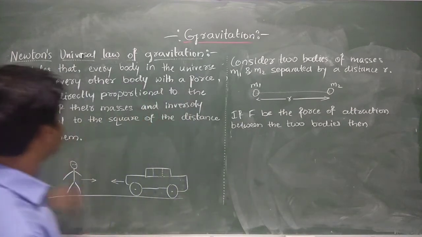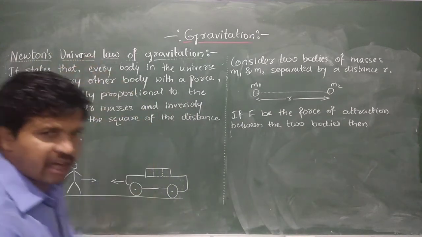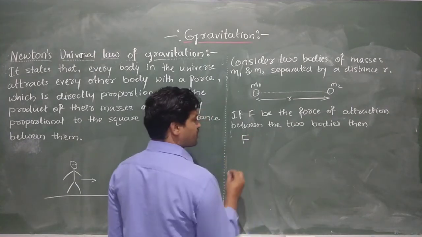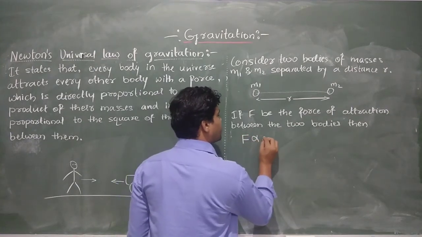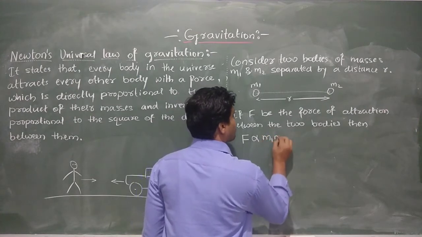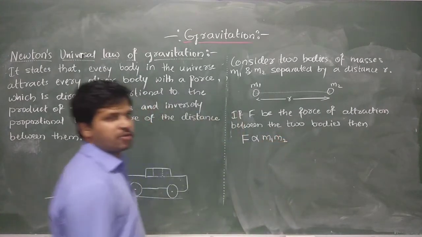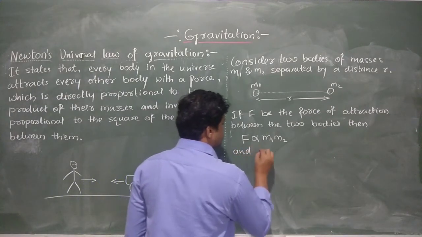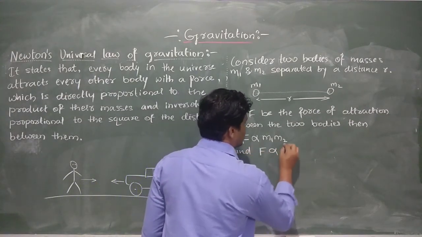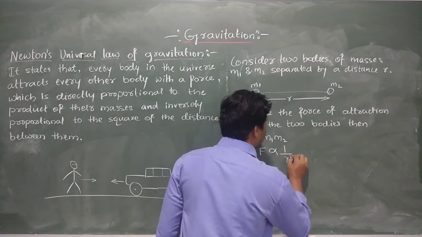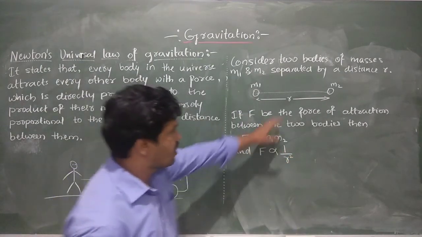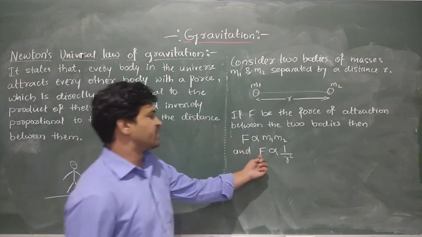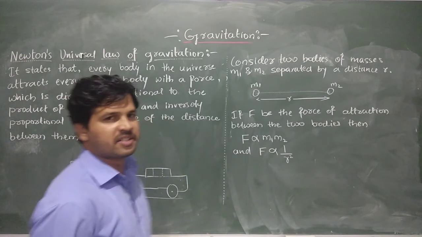Then according to Newton's universal law of gravitation, this force of attraction, that is the gravitational force, is directly proportional to the product of their masses, that is m1 into m2, and this force is inversely proportional to the square of the distance between them, which is r. r is the distance between the two bodies. So F is inversely proportional to the square of the distance between them.